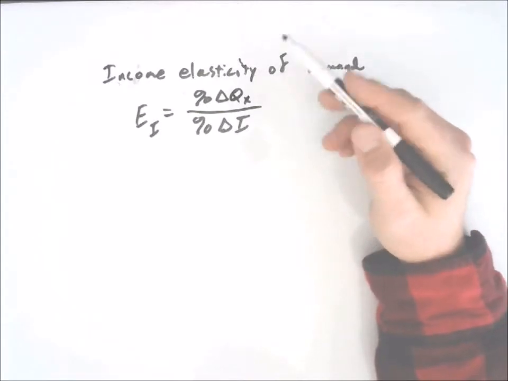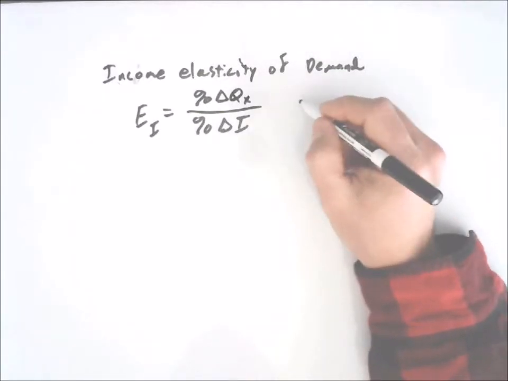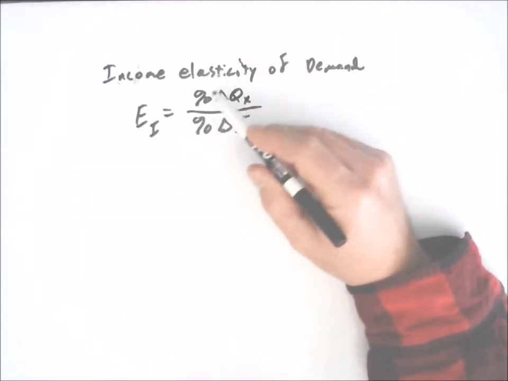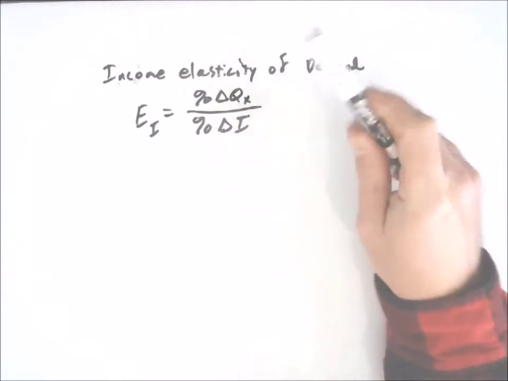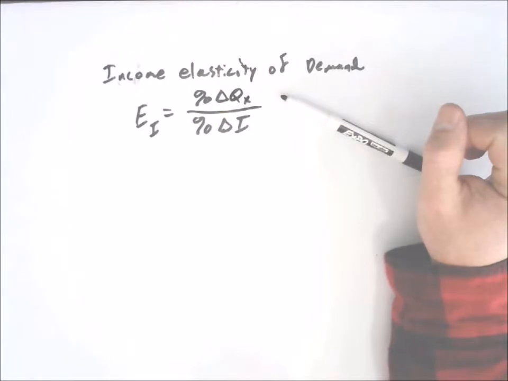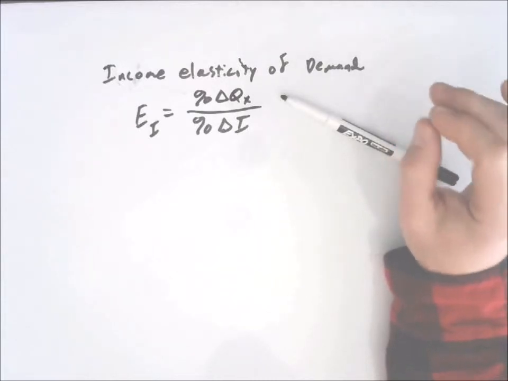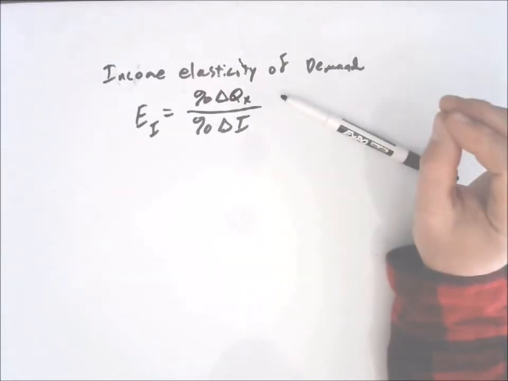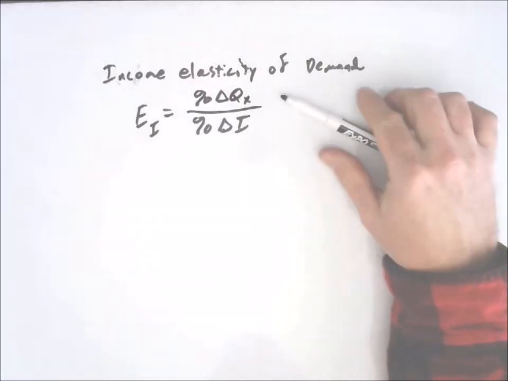Now, we're usually concerned about how this relates to zero. Remember, in price elasticity of demand, our concern was really around that number one. If price elasticity of demand equaled 1, it was unit elastic, but if it was below that, demand was inelastic. If it was above that, demand was elastic.